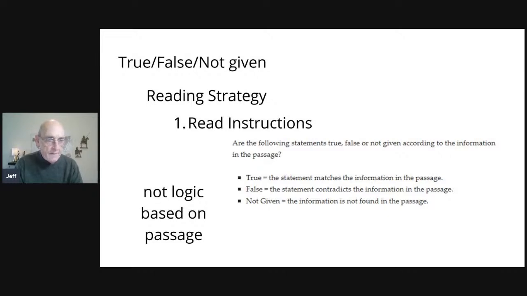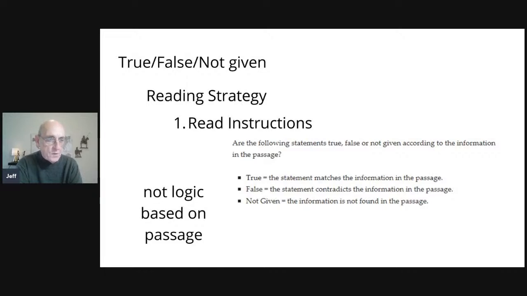You don't want to get halfway through a set of questions and then be distracted by wondering if you're doing it the correct way. So let me tell you, first of all, when it comes to the reading section, and especially true, false, not given, your answers are not based on logic.